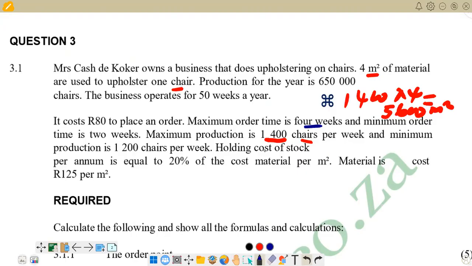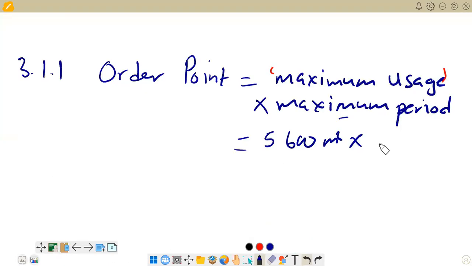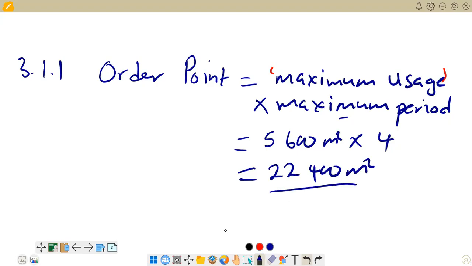So this is going to be our maximum period, 4 weeks. So we go back and substitute that for maximum period, which is 4 weeks. So it's times 4. When you calculate that one, it's going to give you 22,400 meters squared. So this is what we have in terms of the order point. Then we move on to the next one.